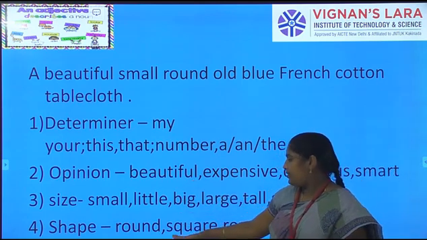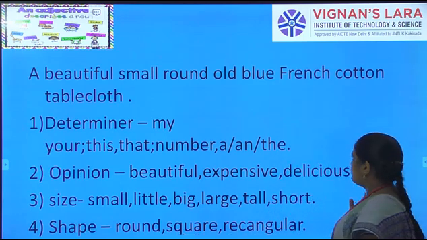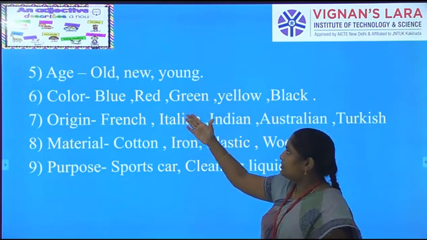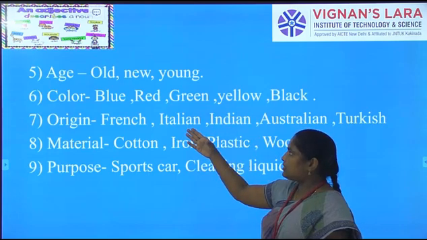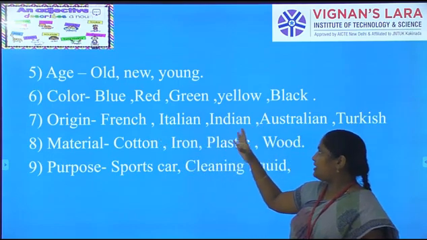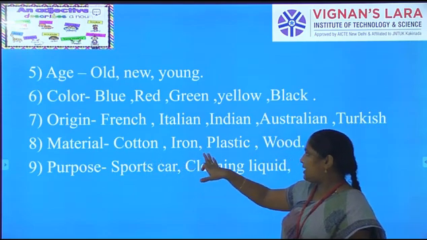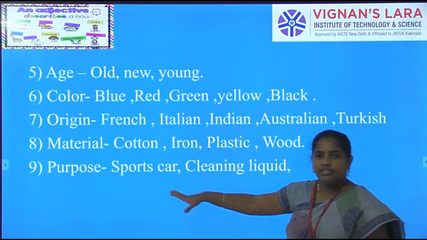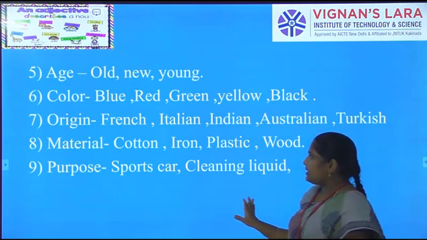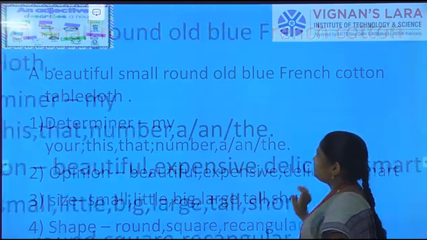Shape: round, square, rectangular. Age: old, new, young. Color: blue, red, green, yellow, black. Origin: French, Italian, Indian, Australian, Turkish. Material: cotton, iron, plastic, wood. Purpose: sports car, cleaning liquid. These all come under the order of adjectives.